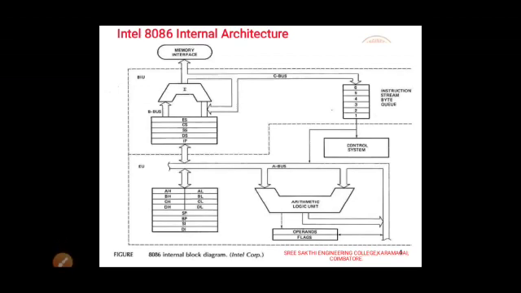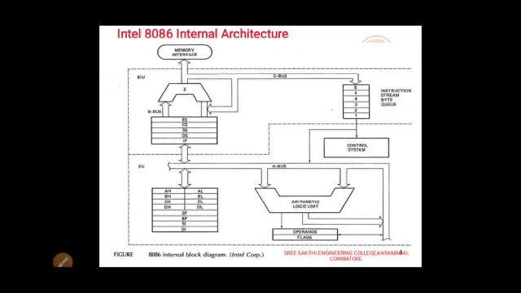The execution unit has 4 general purpose registers, pointer and index registers. Here AH and AL are 8-bit registers. We can use these accumulator registers as a 16-bit register denoted as AX. BH and BL are the base registers. We can use them as a 16-bit register BX.